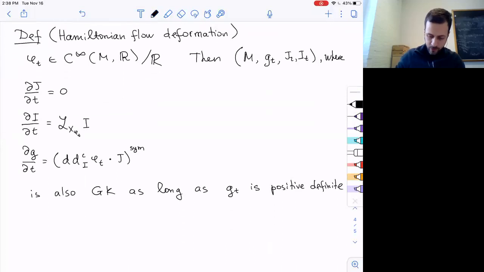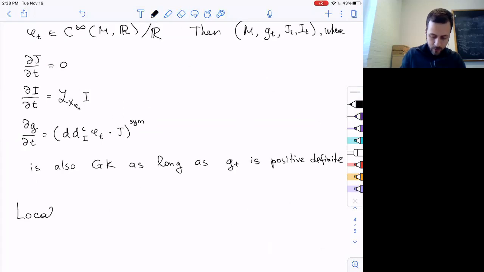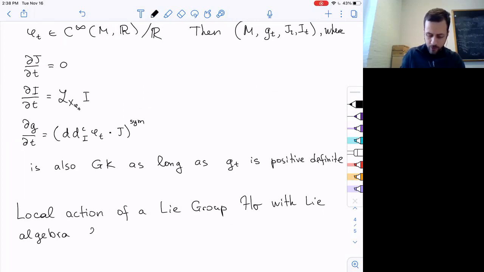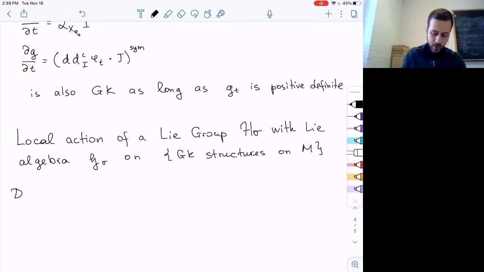So let me write this down. It's a local action of an infinite-dimensional Lie group, which I call H sigma, with the Lie algebra we defined before, the Lie algebra of Hamiltonian vector fields H sigma, on the space of generalized Kähler structures on M. All right, and what we can do is define a generalized Kähler class as an orbit of this action.